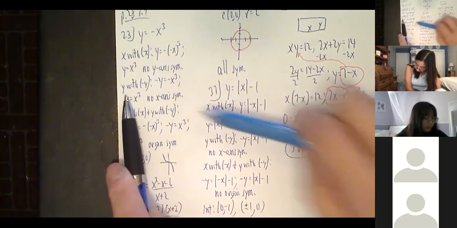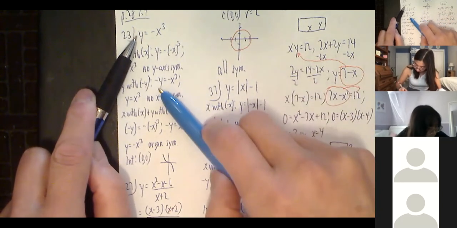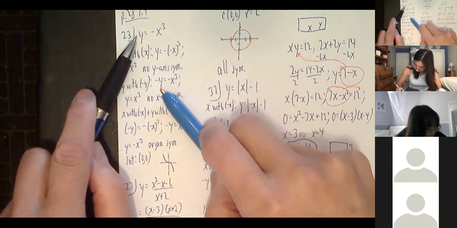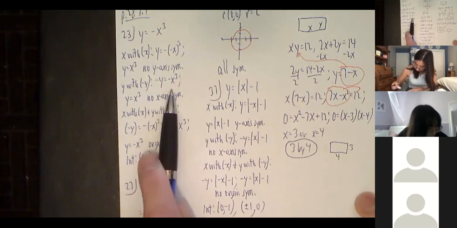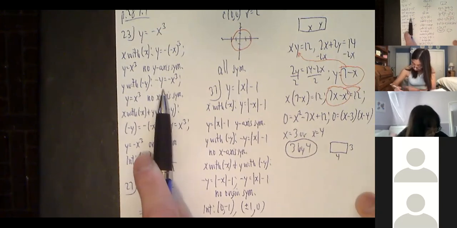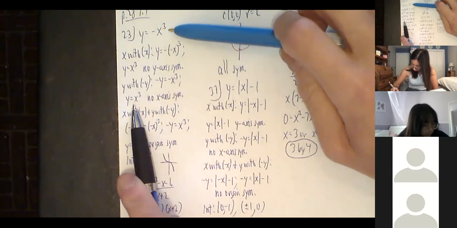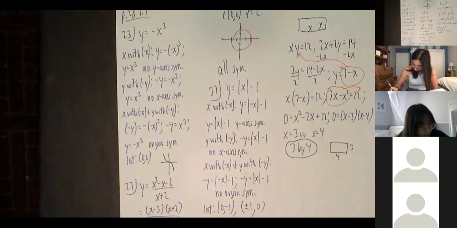Okay, replace y with negative y. So I have negative y equals negative x cubed. Well, if you multiply both sides by negative 1, that's normally the trick, you get y equals x cubed. But once again, that's not equivalent to the original. So I do not have x-axis symmetry.